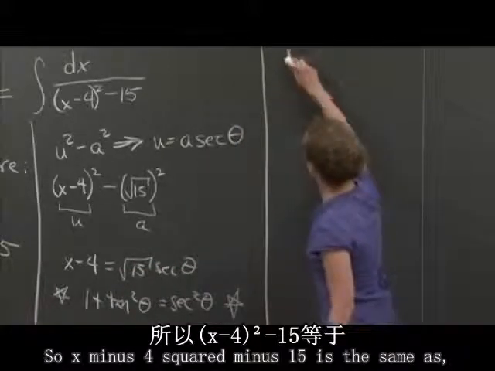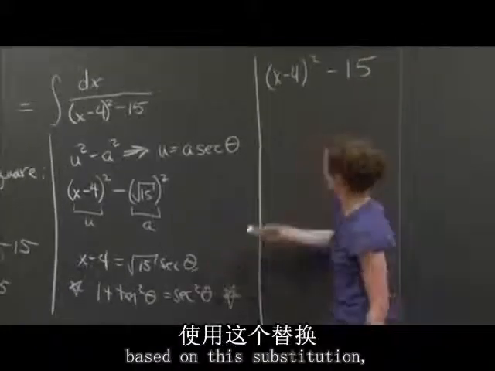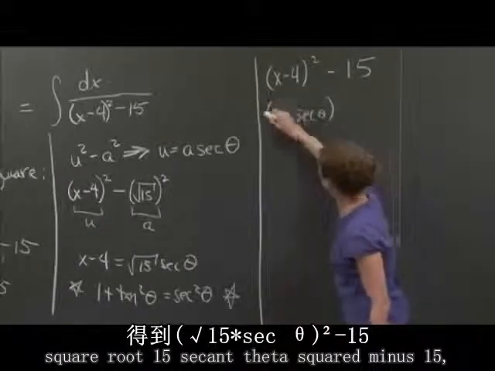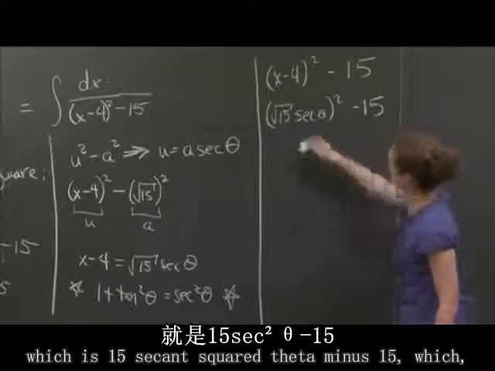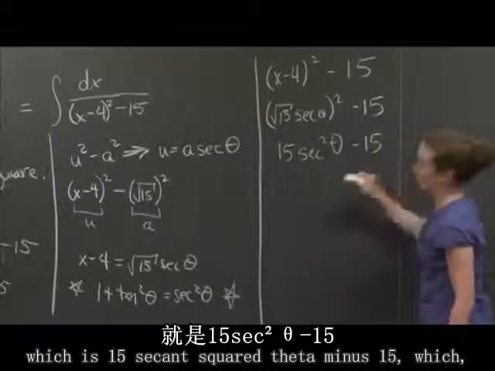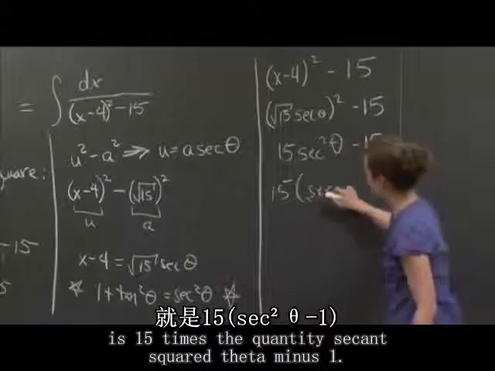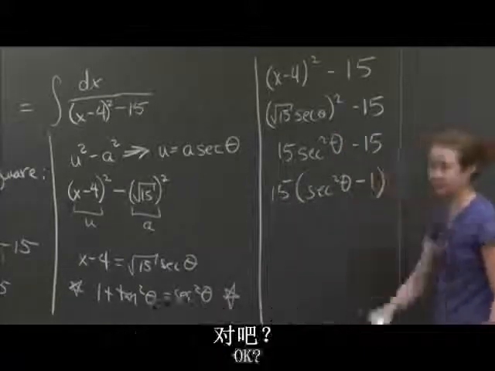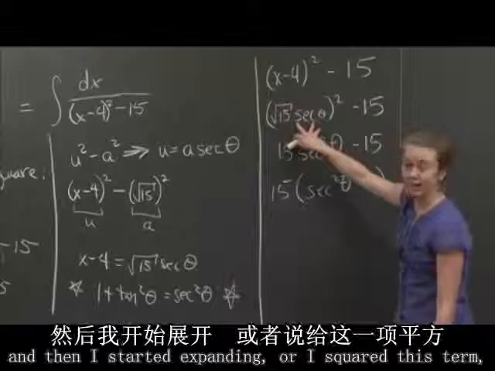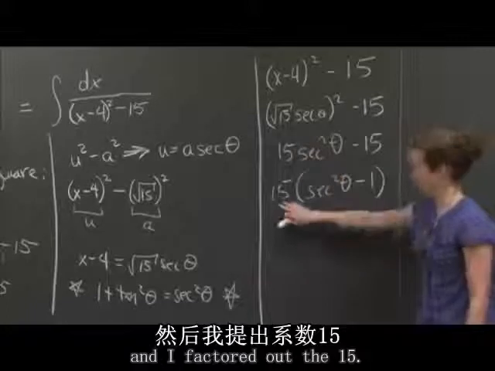So x minus 4 squared minus 15 is the same as, based on this substitution, square root 15 secant theta squared minus 15, which is 15 secant squared theta minus 15, which, just to hammer home the point, is 15 times the quantity secant squared theta minus 1. Okay, everybody follows, hopefully. All I've done is the substitution I made, and then I squared this term and factored out the 15.